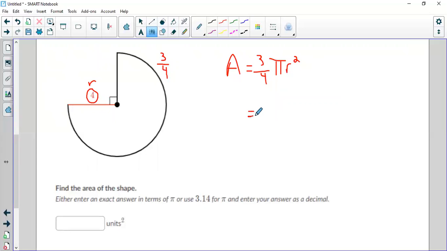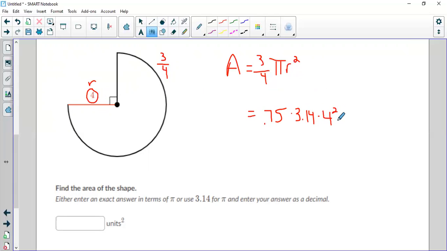So let's do some substitution. I'm going to take 3/4, make it a decimal. Make it 0.75. That'll make it easier to multiply. Times pi is 3.14. Get used to it. Times the radius. They gave me that. That's 4 squared.